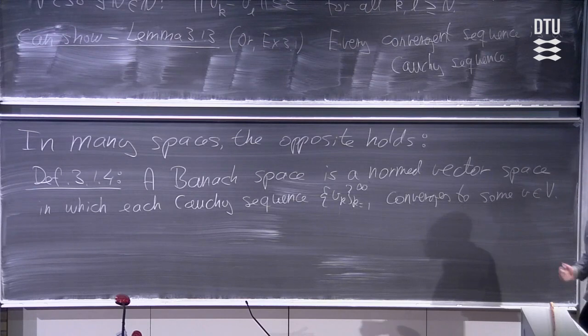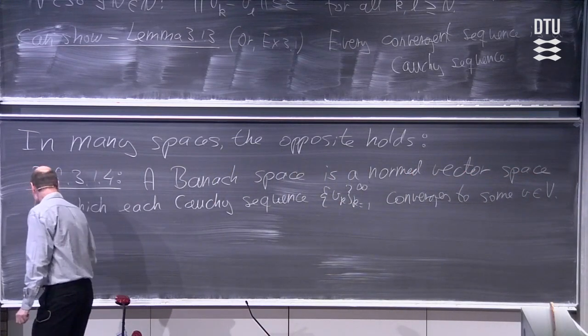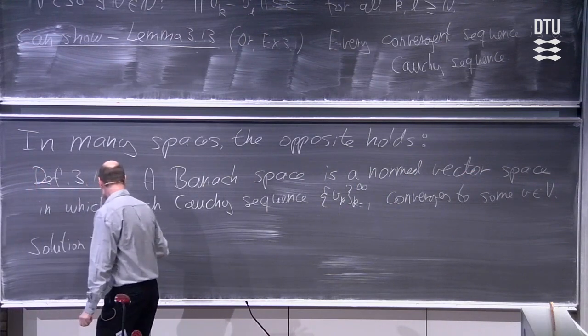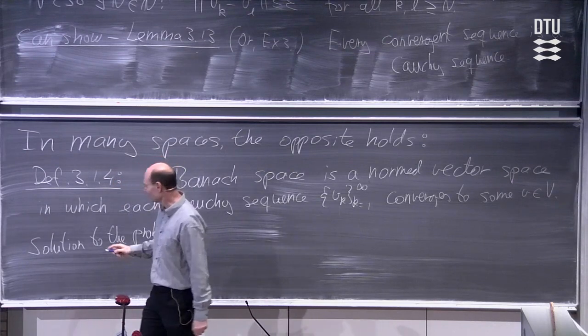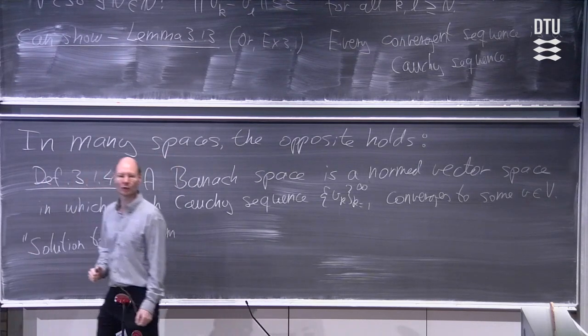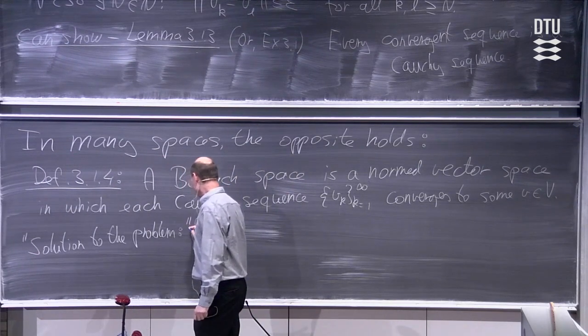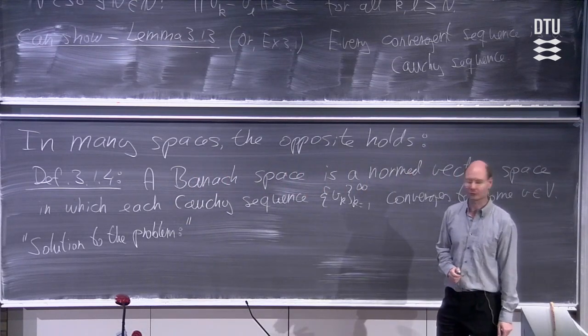So, the solution to our problem, and you might say it is not really a solution, it is more in terms of now we have put down a definition for what we want. So the solution is that we will restrict our attention to Banach spaces.